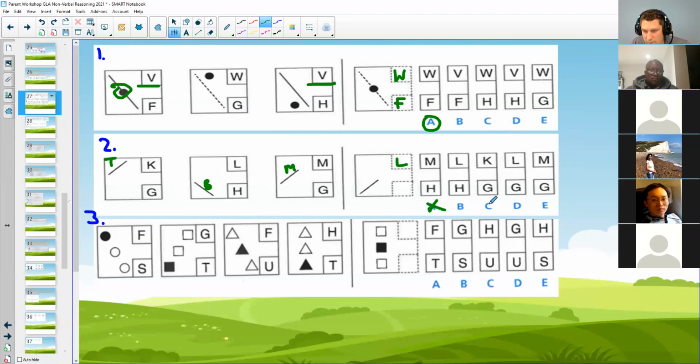So I'm going to rule out that one, rule out that one, and rule out that one. If we look along the bottom, why have we got 2 G's? It's because of the direction of the slant. The slanting line goes down like that, and we need it to be going like that as well.